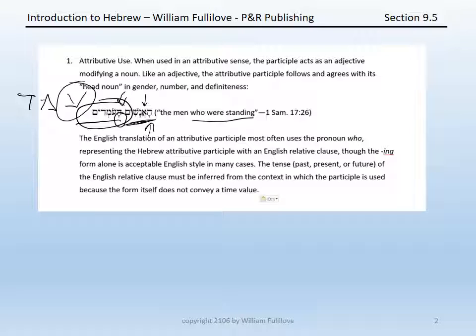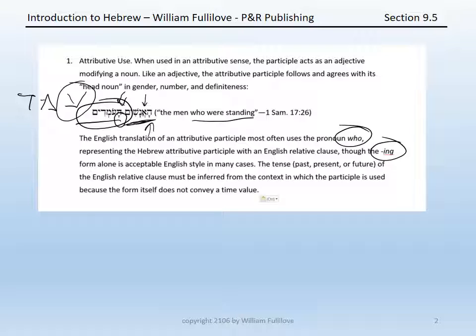Typically, the translation into English of an attributive participle will use the pronoun who. You could instead use the -ing ending, although it depends on your English style whether that really works. For instance, we could say the standing men, and in some contexts of English that would be okay. Most commonly, though, we'd say the men who were standing.